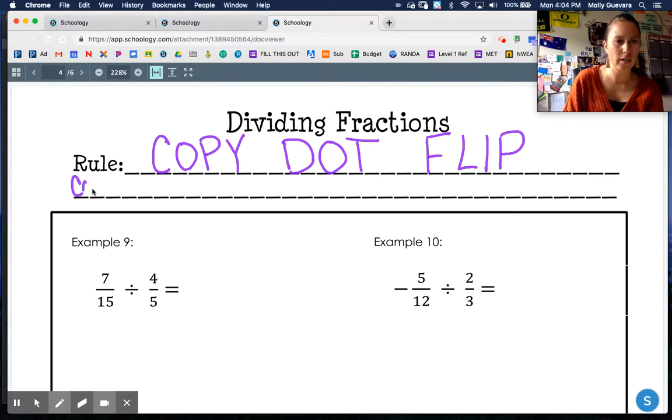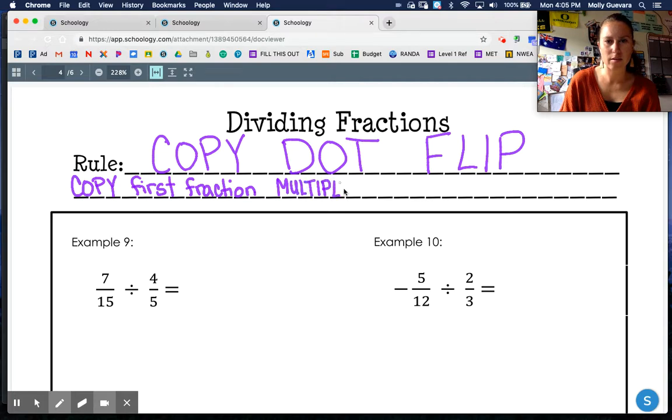But all it means is that we're going to copy the first fraction. So the first fraction does not change. Then we multiply instead of divide. So that's where the dot comes in, right? Because that's our symbol for multiply.